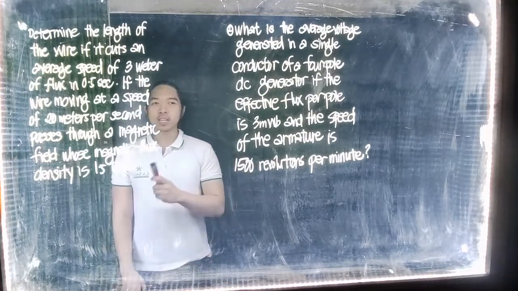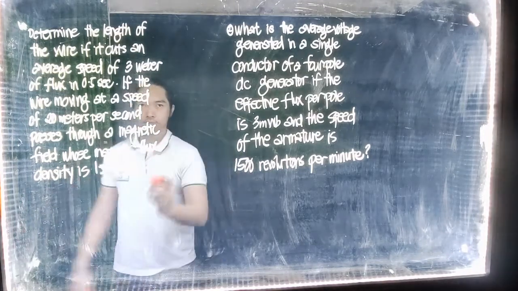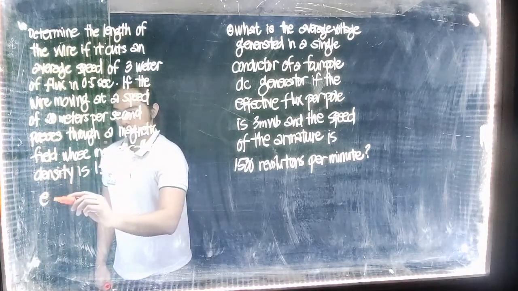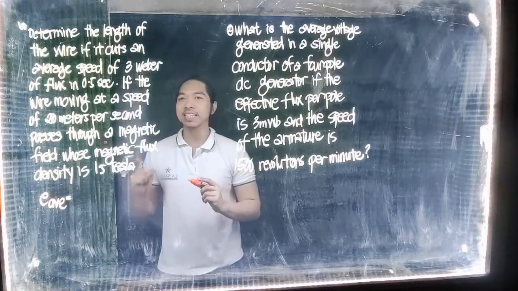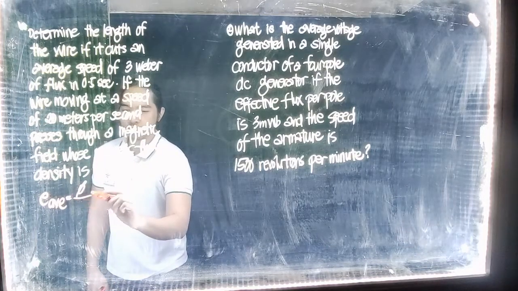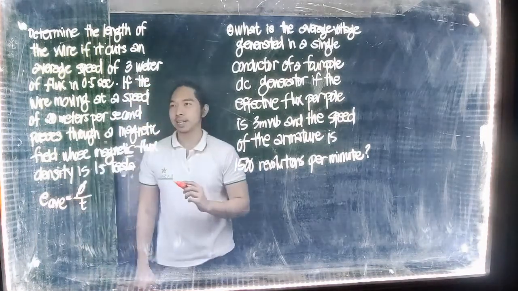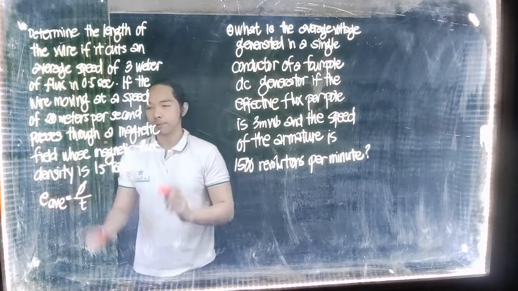The first thing that we're going to do is to find the electromotive force, E average. So how do we find E average? Remember that E average is simply equal to the flux over the time. With this formula, we can now find E first.